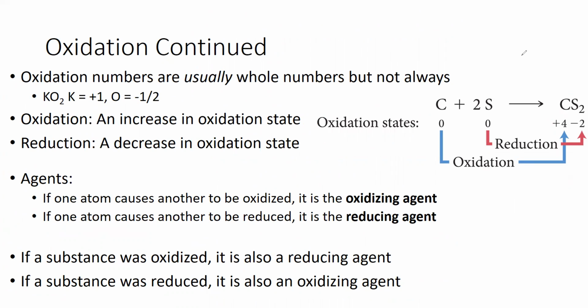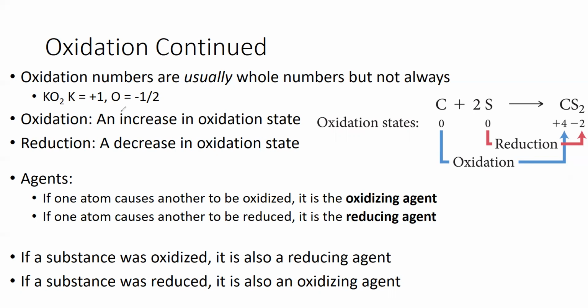We probably will not see any examples in Gen Chem 1 where I give you a problem and expect you to know that an oxidation number will be a half number. Like here for KO2, our rules state that K is always +1. Therefore, for this to be 0, oxygen has to be -1/2. I won't give you examples like that, but be aware that is possible.